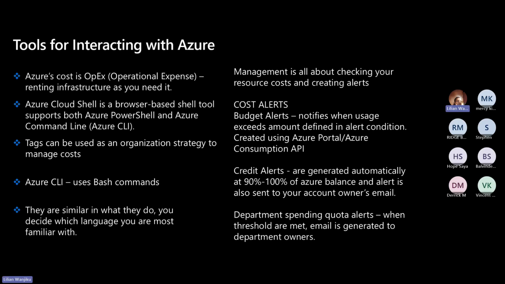The command line uses bash commands, and the PowerShell uses PowerShell commands. So the only difference is you'll choose between those two depending on the language you are comfortable with. They both do the same things, but if you are best in Bash, you can use CLI. If you are good in PowerShell, you can use Azure PowerShell.